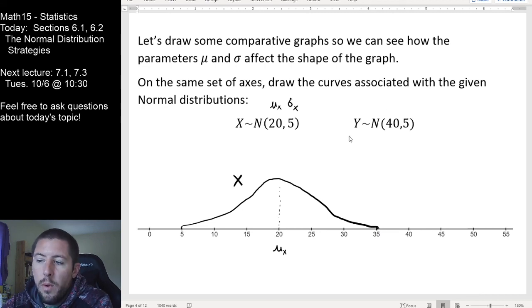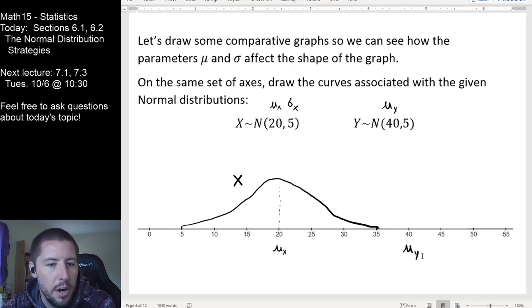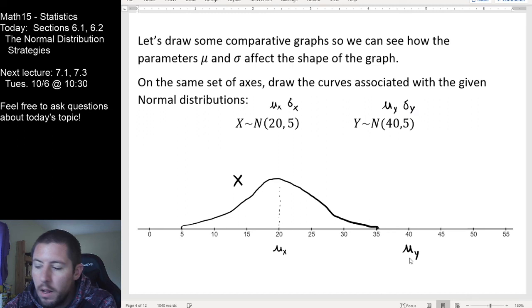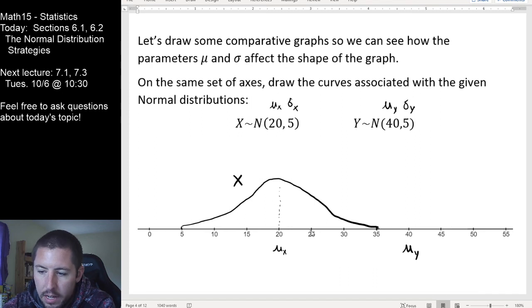If we want to compare this to this guy over here, what we should notice is that here our average is now 40. So our distribution will be centered at the y location of 40. And notice it has the exact same standard deviation here. This is the important part. Since our spread of values are the same, I am again going to walk 1, 2, 3 standard deviations to the left.